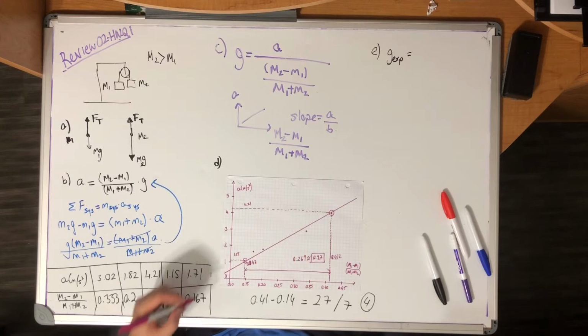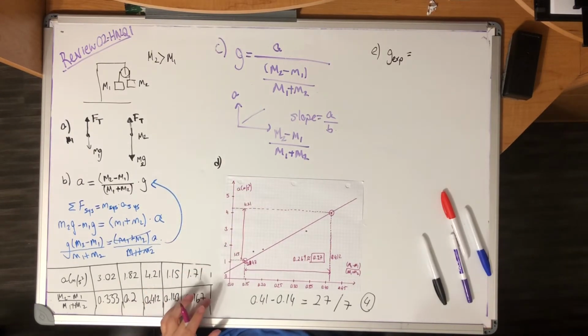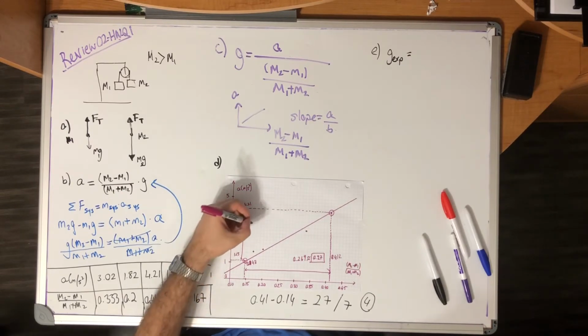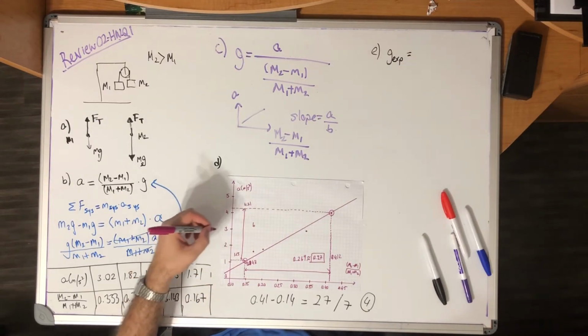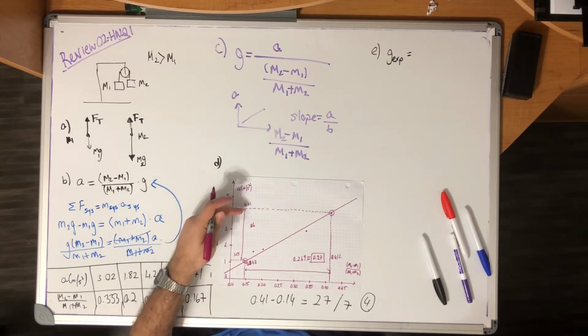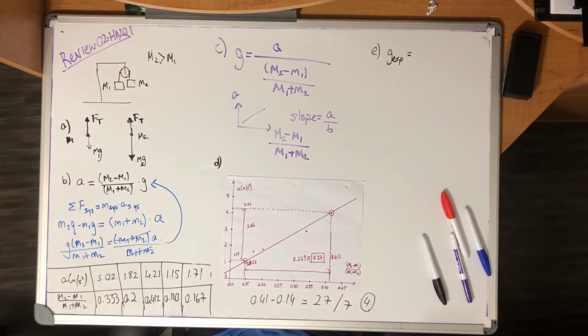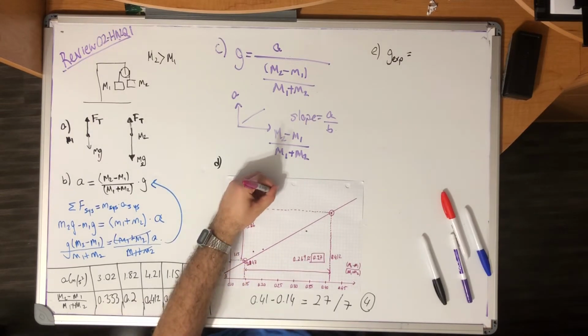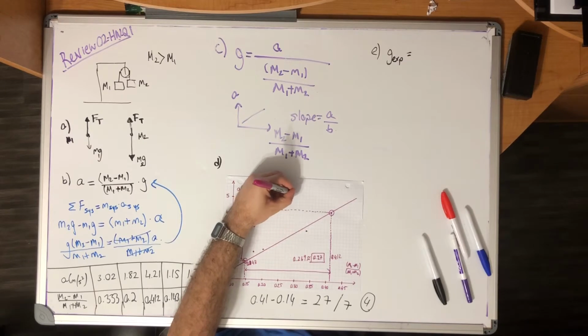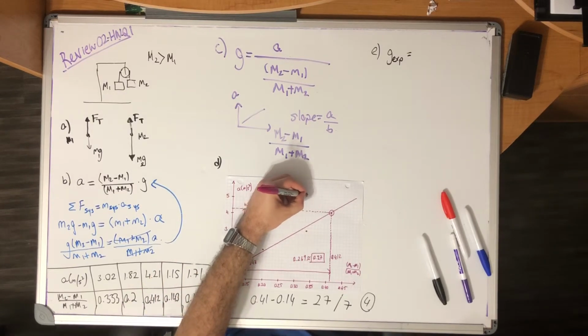What is the difference in between them? 421 minus 115 is 306. So my slope is technically 306 divided by 0.27, and the result for this is going to be 11.33.